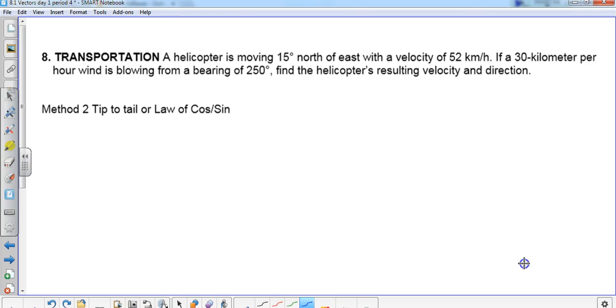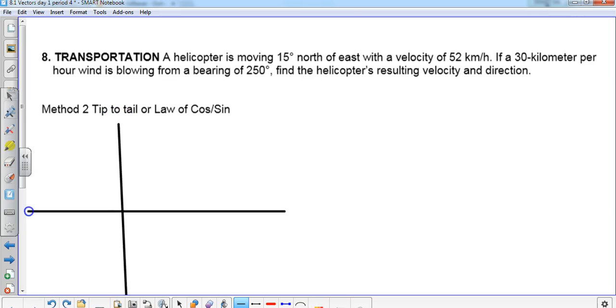Okay. If you're in physics right now, I don't think you do them this way. From what I've heard, the physics teachers aren't using law of sines and cosines. Does that sound right? Okay. So I'd really like you to pay attention and watch this method. I'm going to exaggerate this time, because there's a time when this method is really easier than the other, okay?